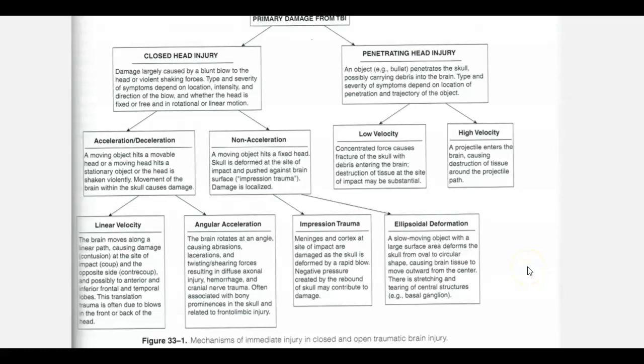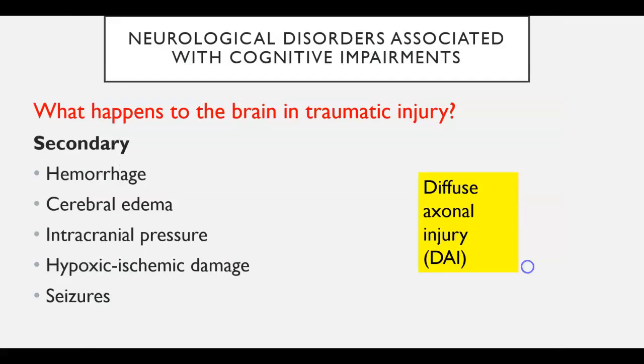I'm going to go to the next slide and talk about secondary damage. Because of what we saw in primary, there's nothing that can be done. This is when that golden hour is important.